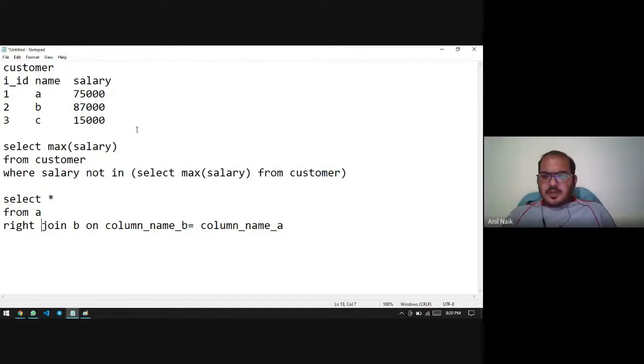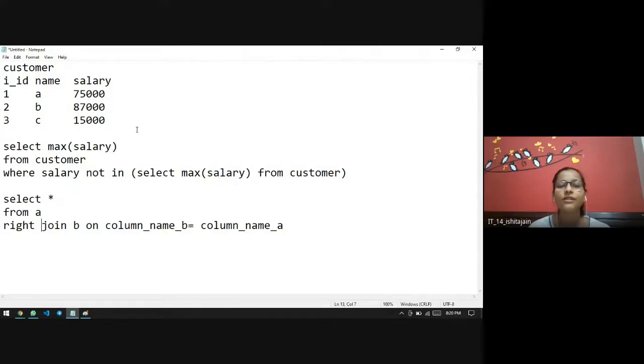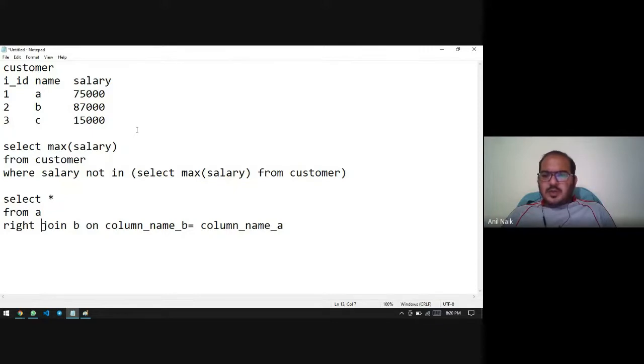Can you tell me some different clauses in the select statement? Okay, so the different clauses in the select statement are where condition, order by, and group by. These are the clauses we use in select statement. What does the where clause do?